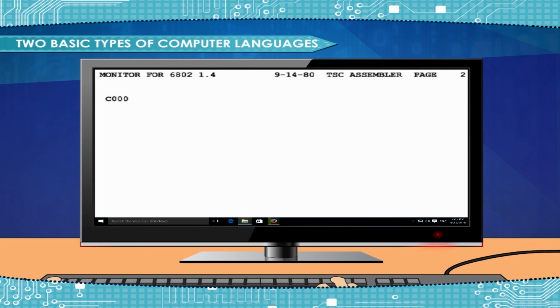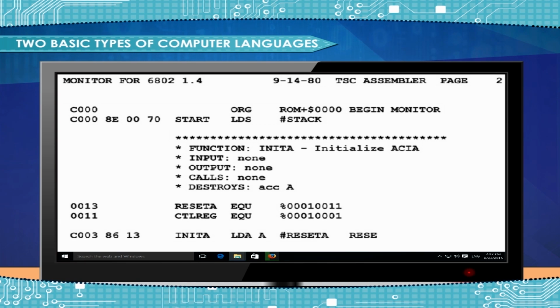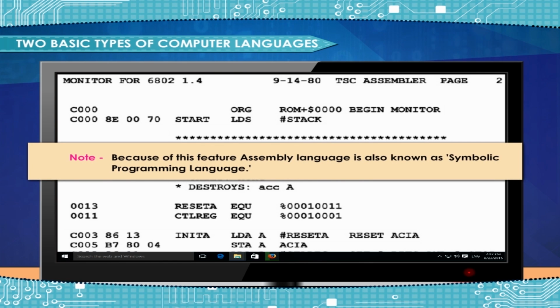This is another low-level but very important language in which operation codes and operands are given in the form of alphanumeric symbols instead of zeros and ones. It is called mnemonics. Note: because of this feature, assembly language is also known as symbolic programming language.